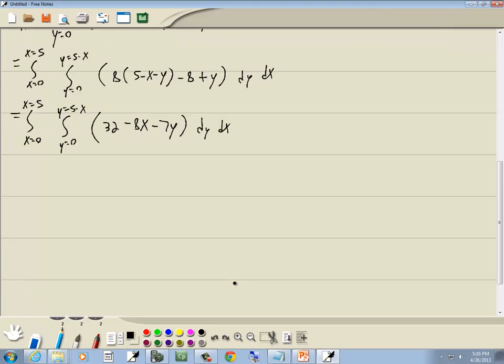Okay, well now we'll take the integral with respect to y. So that gives us 32y minus 8xy minus 7 halves y squared, from y is equal to 0 to y is equal to 5 minus x, dx.